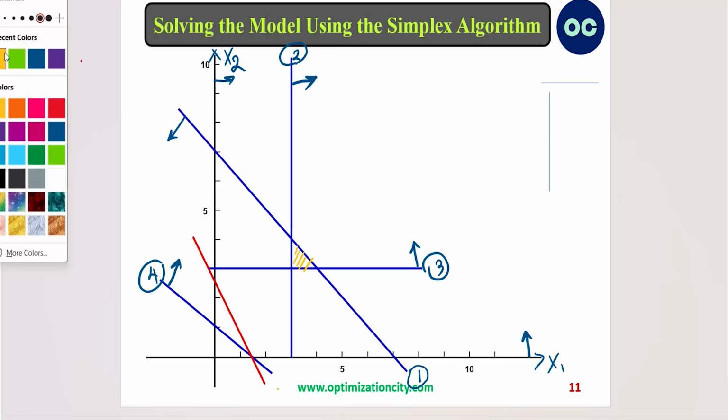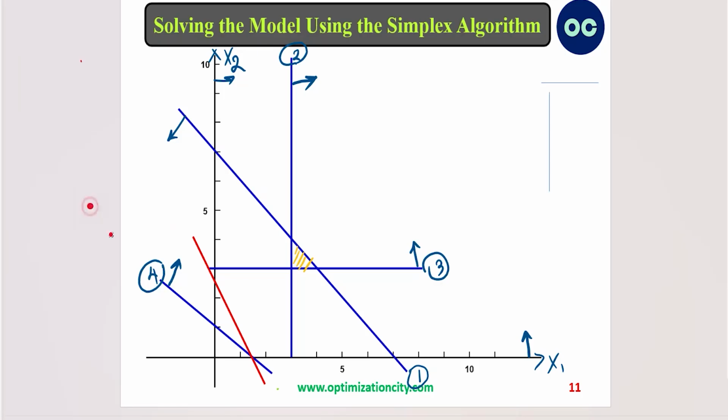Z is equal to 7.5. The other is 3 and 5. These two lines are parallel, so Z is equal to 15.